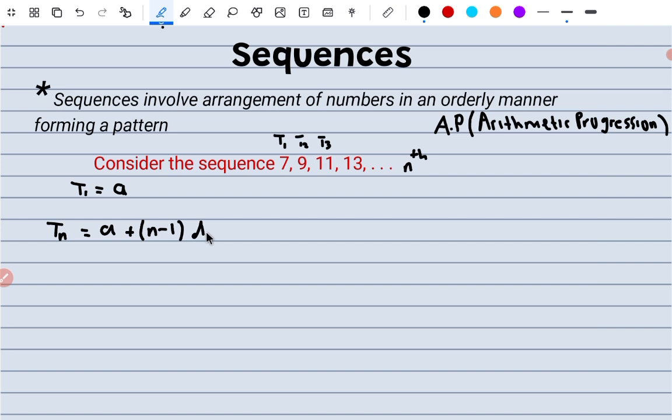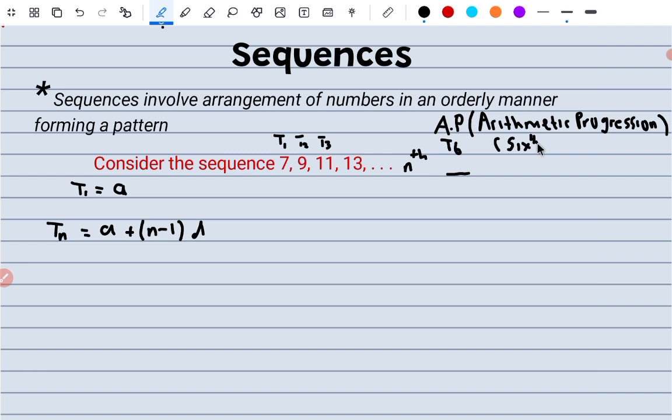Let's say you want to find, because these terms will just keep on adding and adding, the term which is T6, the sixth term.